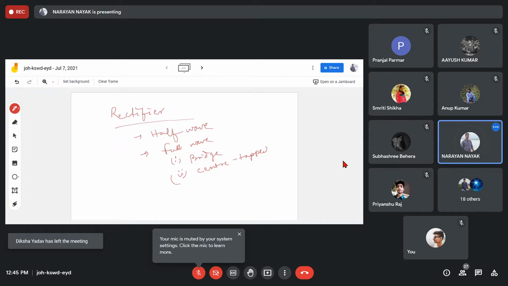Clear? So the main purpose of a rectifier is to convert AC signal into DC signal. Yeah. So I think you have studied this one.